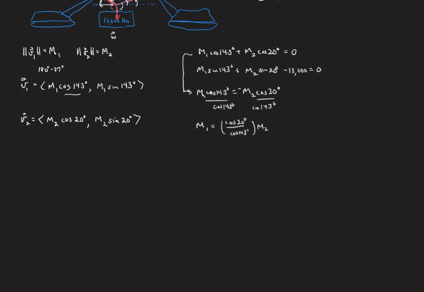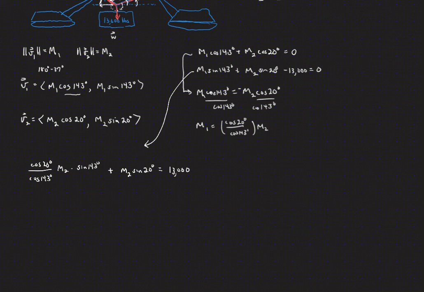So now we're going to go to our second equation, and we'll replace the M1 by our cosine of 20 over cosine of 143 M2, and that's going to be times the sine of 143, and then we have our plus M2 sine of 20 degrees, and I'm going to move that 13,000 to the other side, which will now make it a positive 13,000.